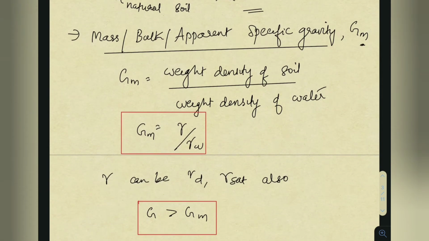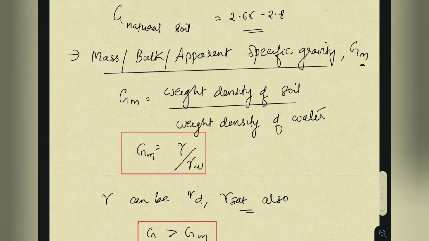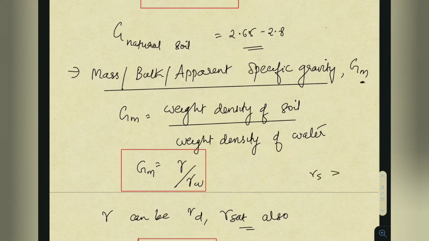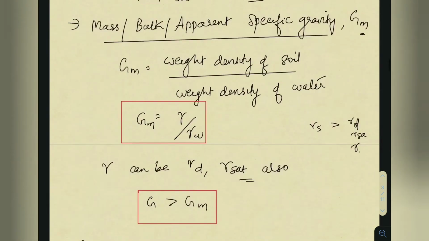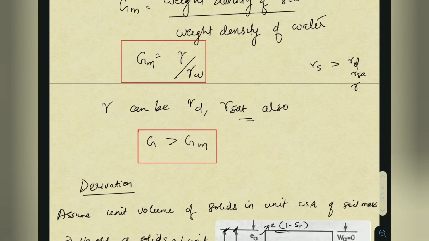So gamma can be gamma D, gamma saturated, etc. So the value will be varying. It is the apparent specific gravity. We already know that gamma S is greater than gamma D or gamma saturated or gamma as such. So we will have G, which is gamma S by gamma W, greater than Gm, which is gamma by gamma W. So G is always greater than Gm.